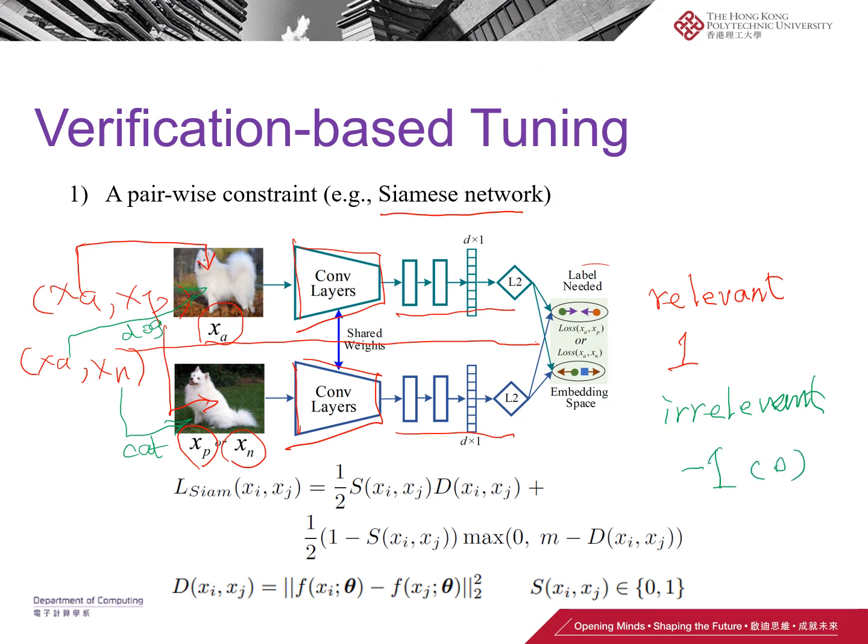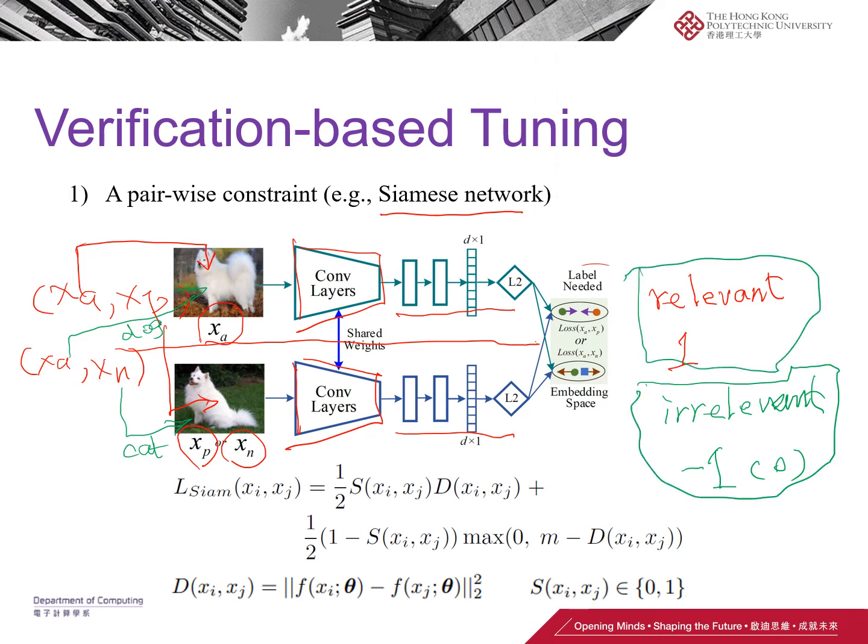So by doing this, you see we are actually comparing two images every time. When they are relevant, the output is 1. That means they are relevant. And when they are irrelevant, the output is -1 or 0. And this can be considered as the ground truth labels for that training.